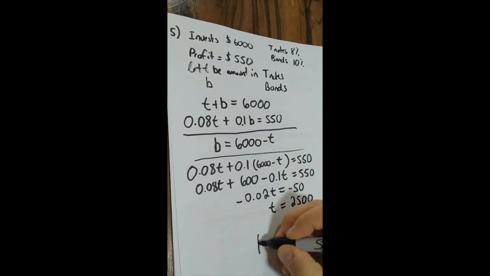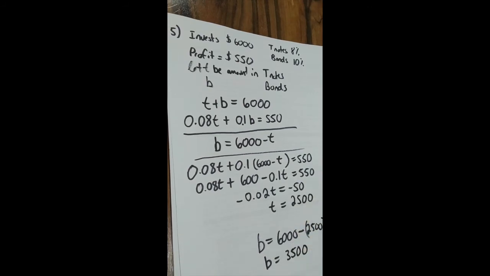B is equal to 6,000 minus 2,500, so B is equal to 3,500. So the amount invested in bonds is $3,500, and the amount invested in T-notes is $2,500.